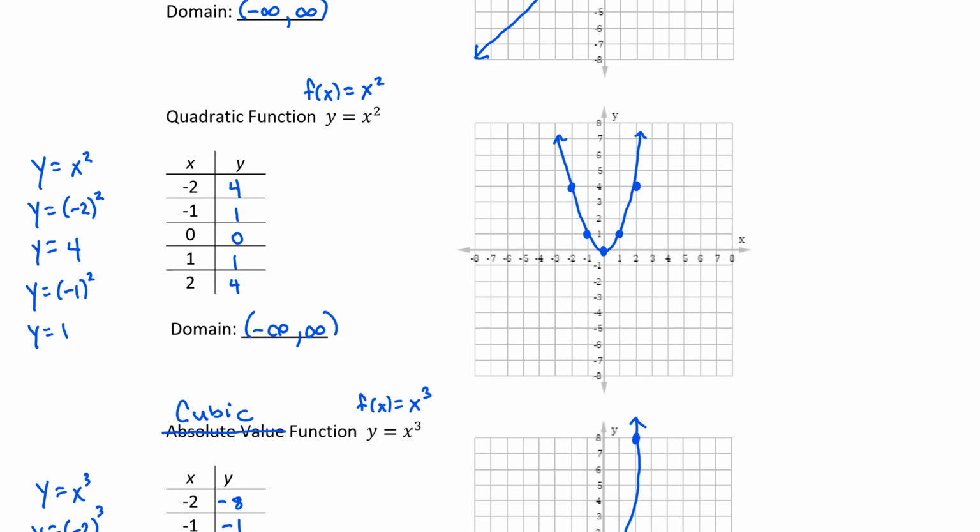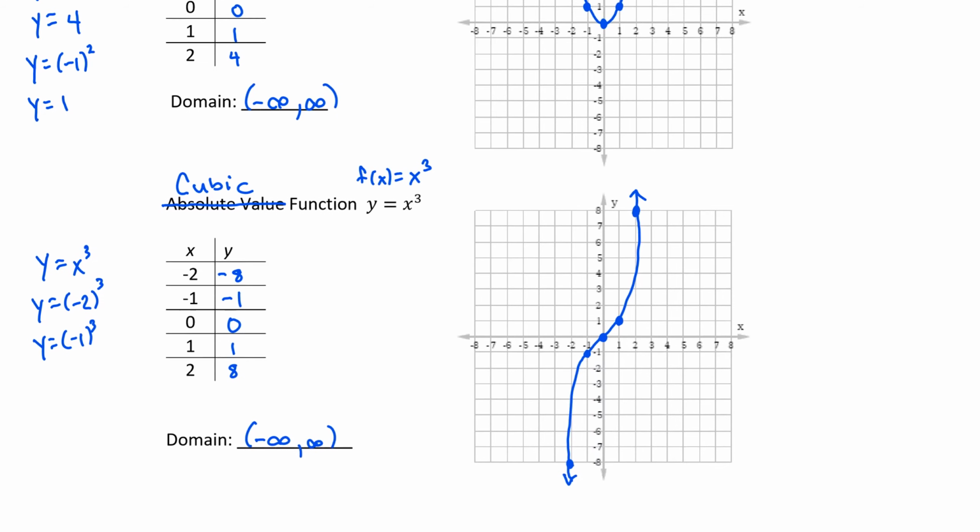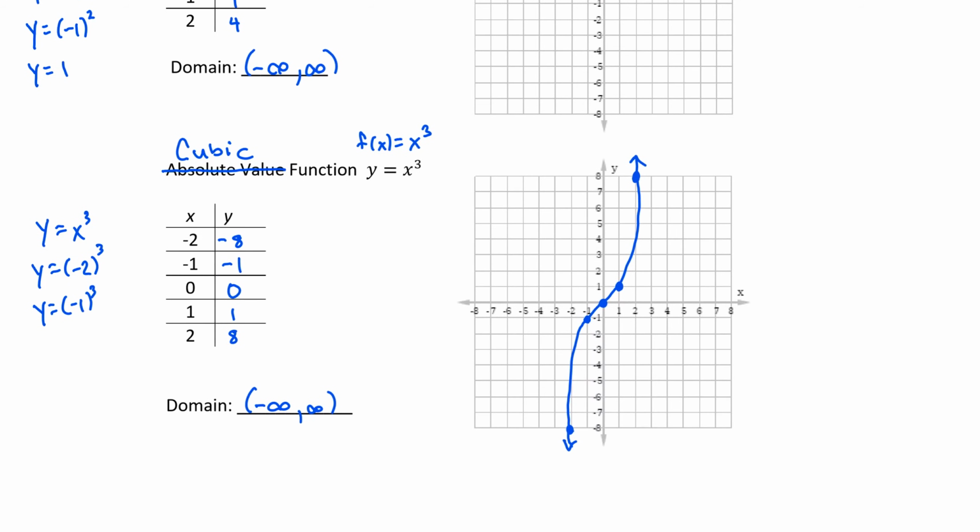Now, the shape of the quadratic function, this U shape, is what we call a parabola, and the shape of the cubic function doesn't really have a name, so I'm going to call it a squiggle for lack of a better word. You'll probably hear me refer to it as a squiggle. So those are our first 3 basic parent functions.